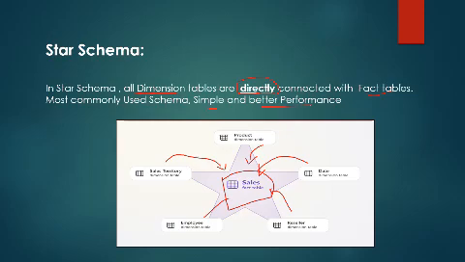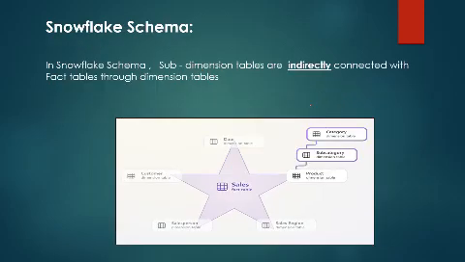And the second schema we have is snowflake schema. In snowflake schema, we have subdimension tables also. So we have a product, and in product, we have a subcategory, and from that, we have a category. So even this category is connected to the fact table, but through two different tables.